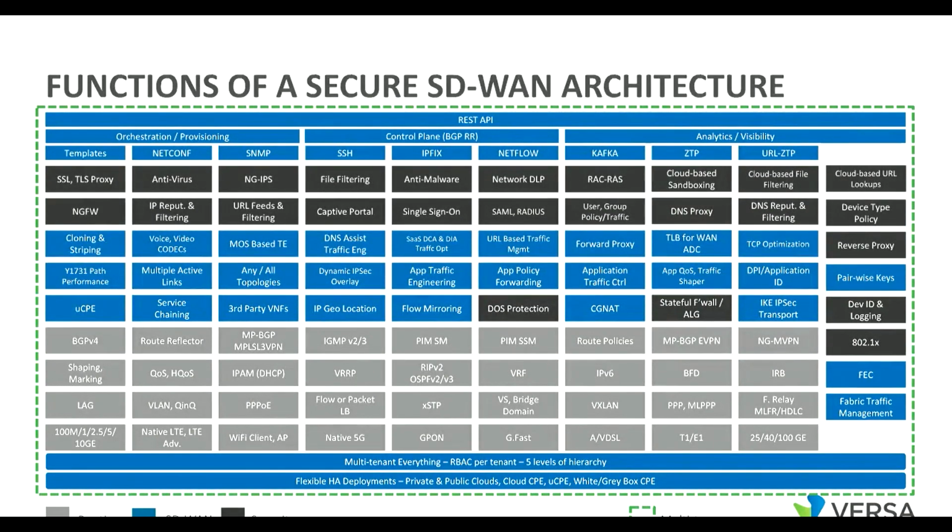There are so many things which essentially you need to achieve excellence in security. And a secure SD-WAN architecture definitely achieves excellence by making sure all those defense in-depth blocks are implemented, Mike.